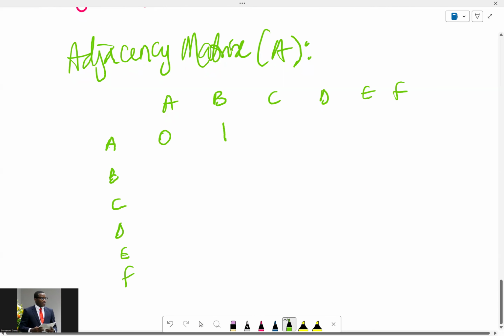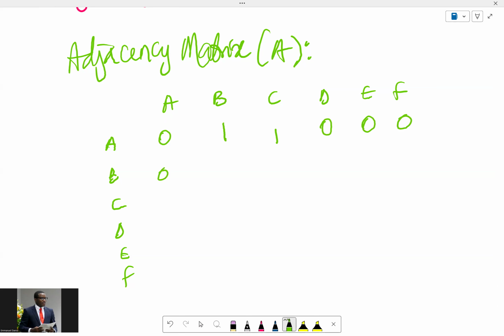So we have 0, A to B is 1, A to C is 1, A to D, E, and F are no. B to A is 1, B to B is 0, B to C is 1, and the rest are 0. C to A is 1, C to B is 1, C to C is 0, and every other one is 0.